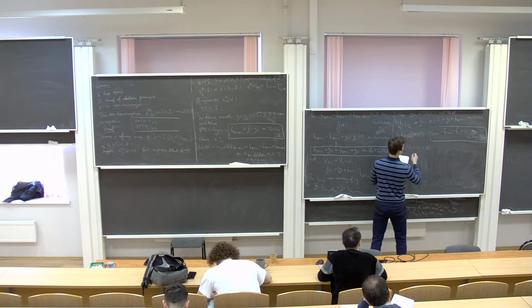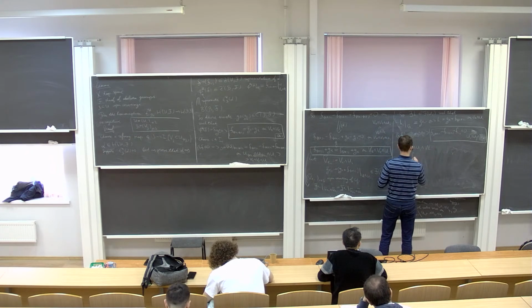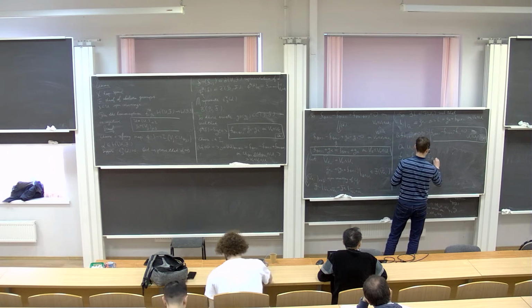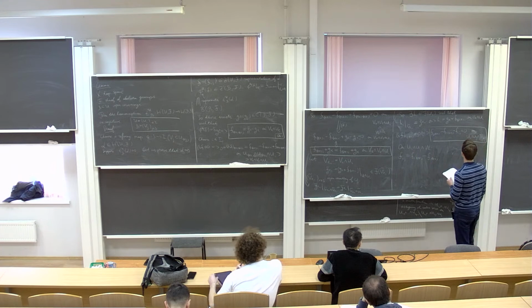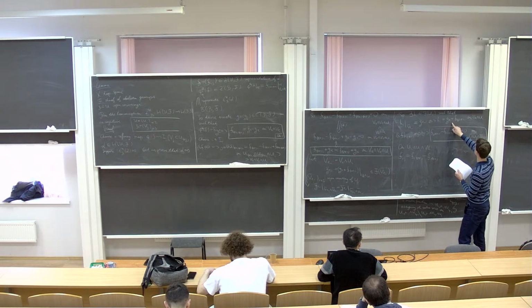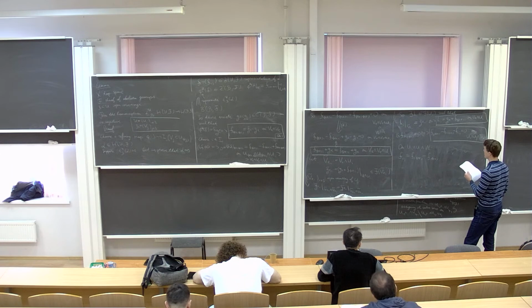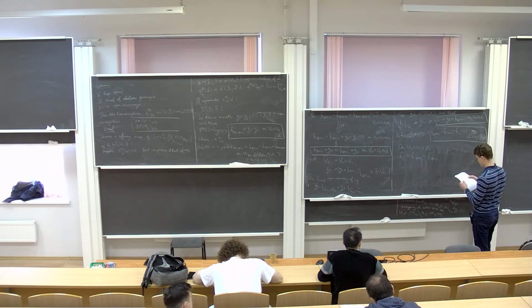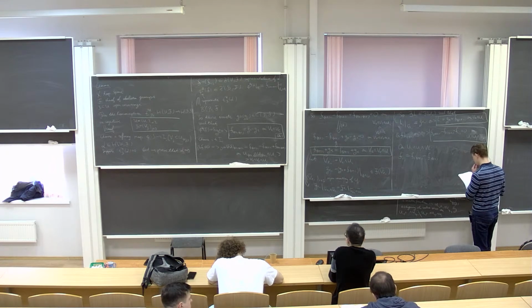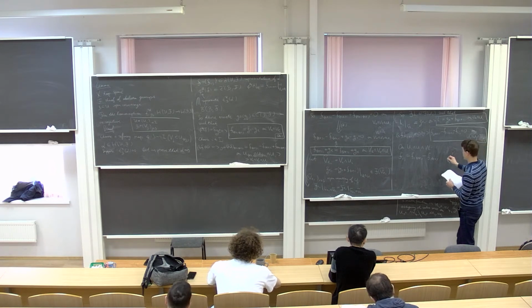What we have: we rewrite this equation as f_{i phi(k)} minus f_{j phi(k)}. But then we can use this equation.